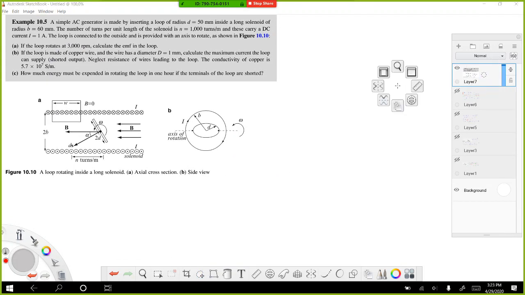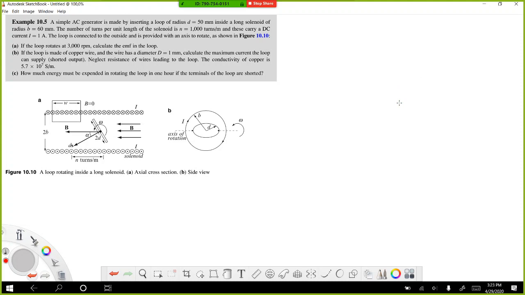The problem says a simple AC generator is made by inserting a loop of radius d equal to 50 millimeters inside a long solenoid of radius b equal to 60 millimeters. The number of turns per unit length of the solenoid is 1000 turns per meter, and it carries a DC current equal to 1 ampere.